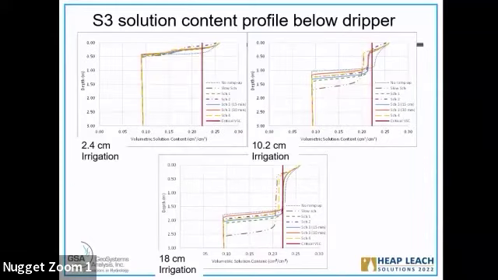So it shows the sample number 3, and this is again the vertical profile right under the dripper from 0 to 3 meter depth. And the horizontal is the solution content distribution with about 1 inch of water applied. You see the shallow collapse, and they all went over the critical solution content as the red line shows.